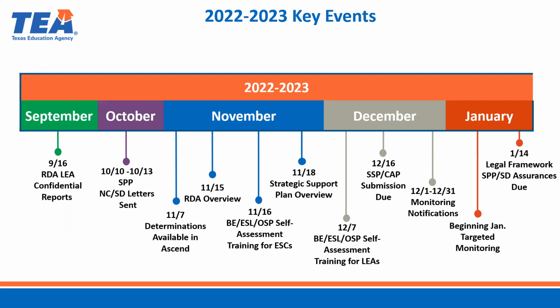Also, LEAs should anticipate receiving correspondence regarding cyclical and targeted monitoring activities, which will begin in January. Finally, on January 14th, the legal framework, SPP, SD assurances will be due.